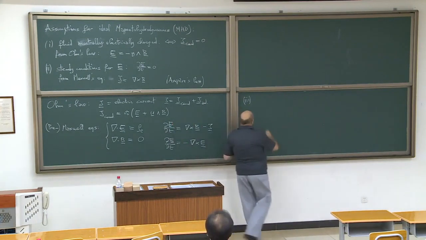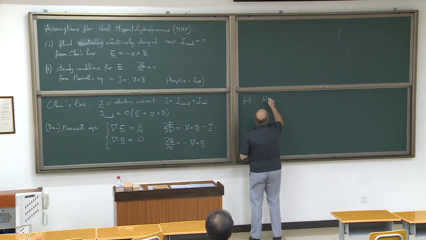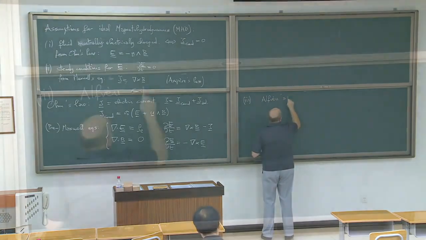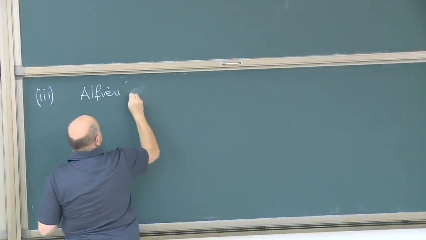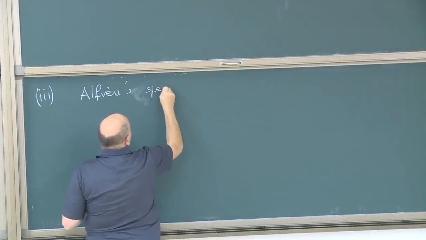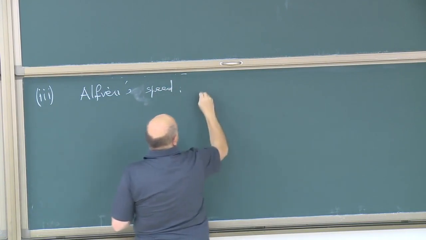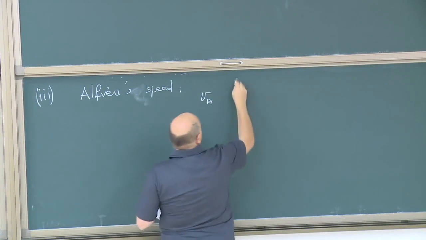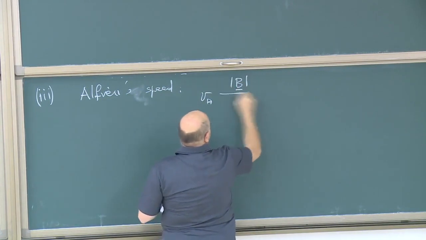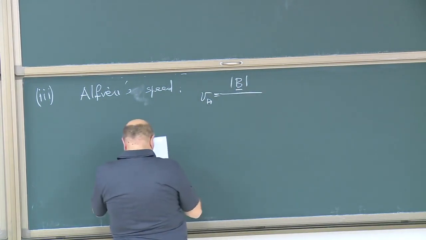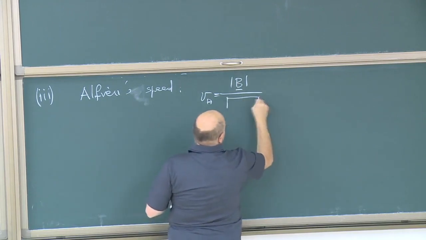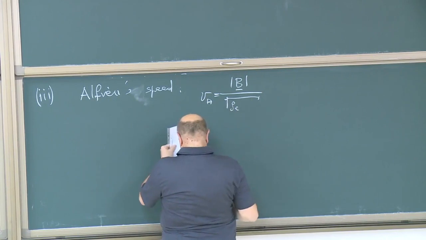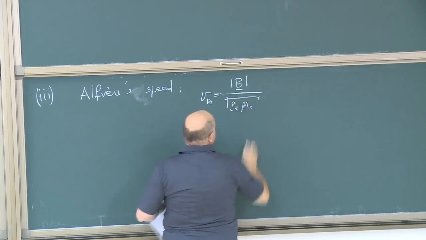So we have to introduce an Alfvén speed, and say a velocity due to these propagations is related to the magnetic field. And this is putting constants once more here. We have rho and mu 0.